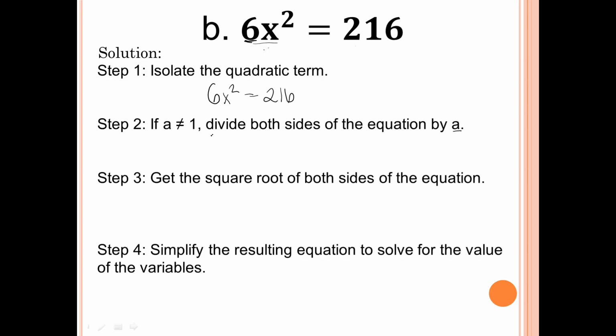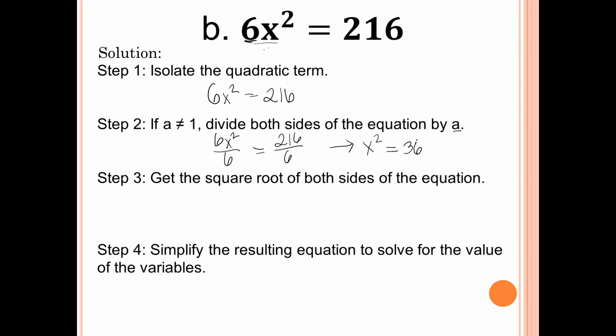So we will divide both sides. So 6x squared divided by 6 equals 216 divided by 6. So the result is x squared equals 36.